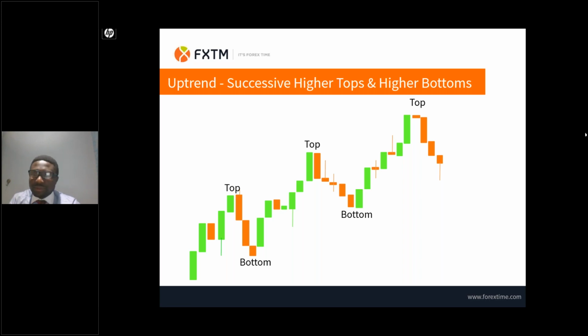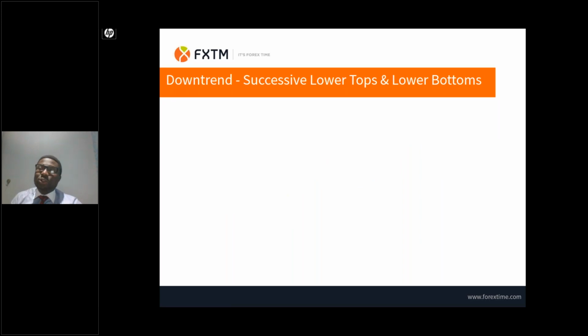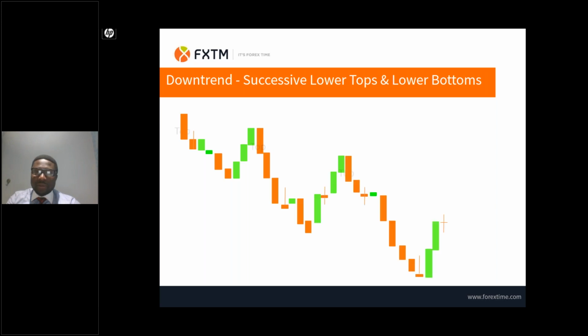Okay, so we move over to the downtrend. A downtrend is defined by successive lower tops and lower bottoms. Let's take a look. We have it this way. As you can see, we have our tops lowering and our bottoms also lowering.